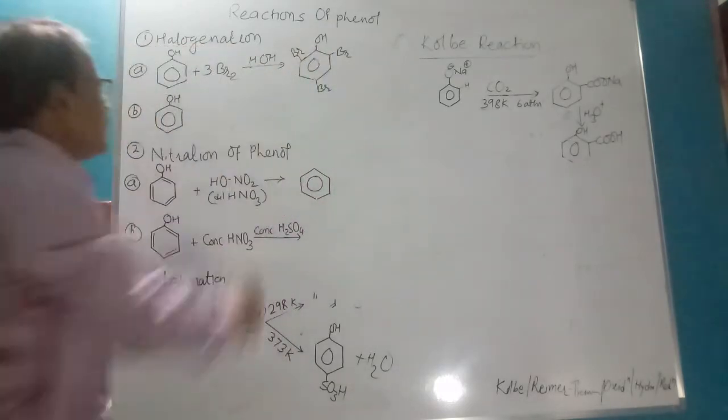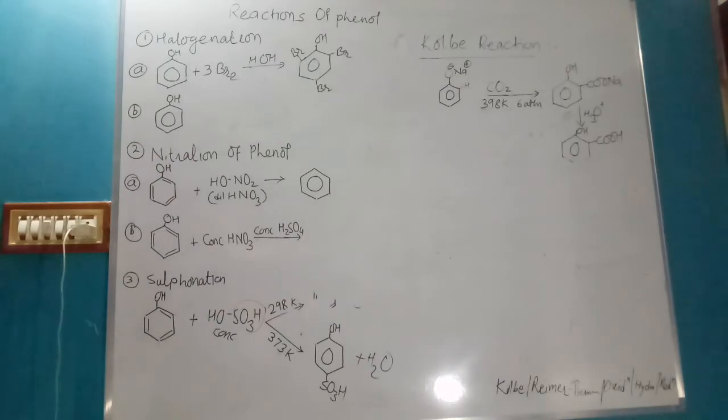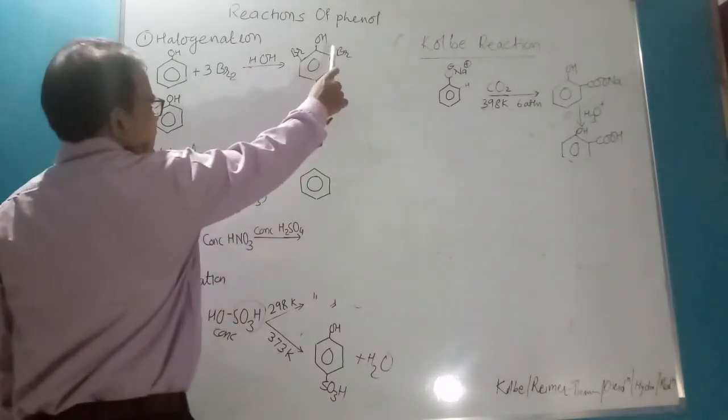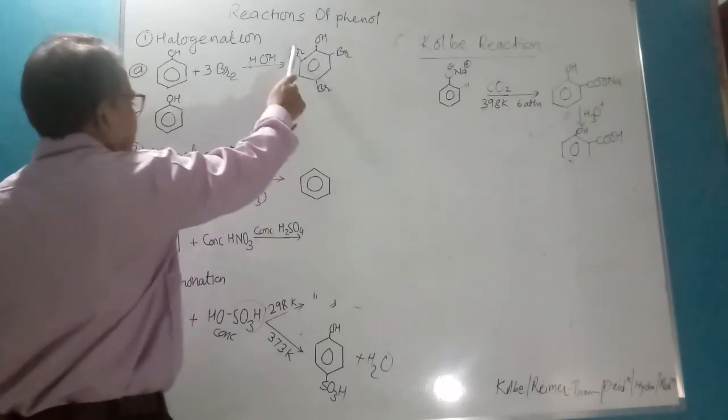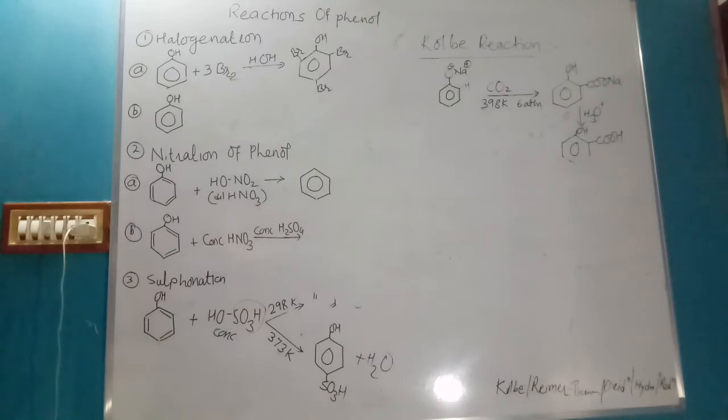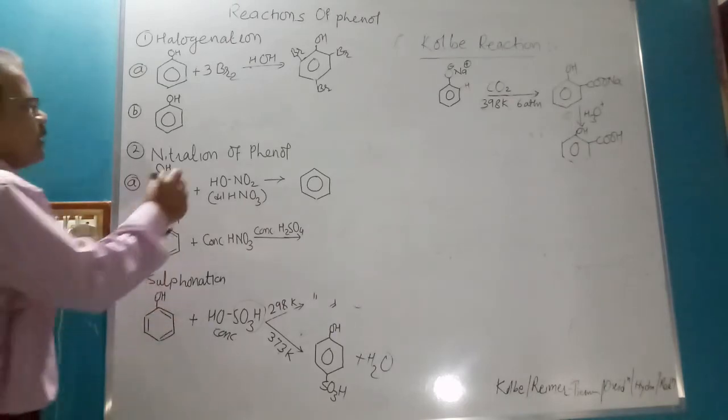So here the solvent is water, means in aqueous medium phenol gives 2,4,6 tribromophenol. Br is added at 3 positions, position number 2, 4 and 6. So this is first reaction with bromine in presence of water, that is aqueous medium.